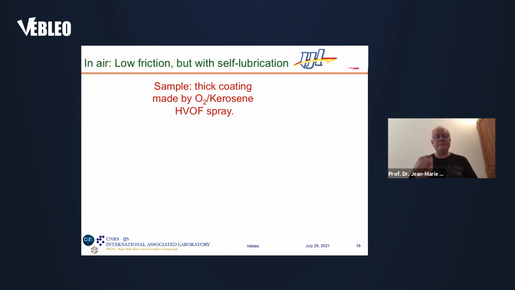Of course, in air, friction is hindered by the brittleness of quasicrystals, and it was not possible so far to use quasicrystals for any mechanical application because of this brittleness. But I show you here friction experiments which were performed in air on samples which were produced as thick coatings by HVOF spraying using oxygen and kerosene.